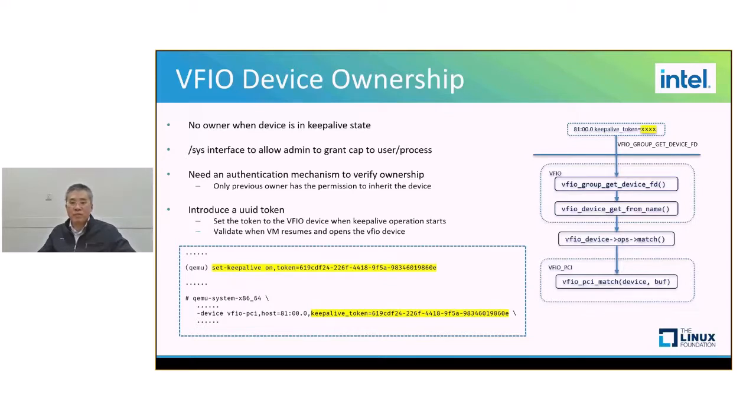We leverage the VF token mechanism, which is an existing feature of current VFIO driver, to do the job. A token will be set into the VFIO device when it is put into Keepalive state. Then, when the Qemu restarts, it needs to pass the token to the kernel VFIO driver in order to reopen the pass-through device.